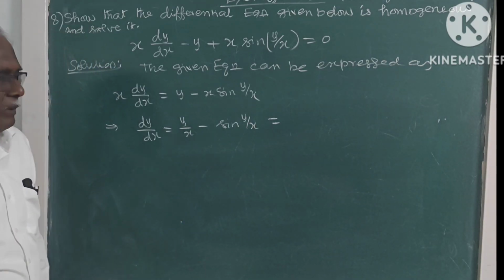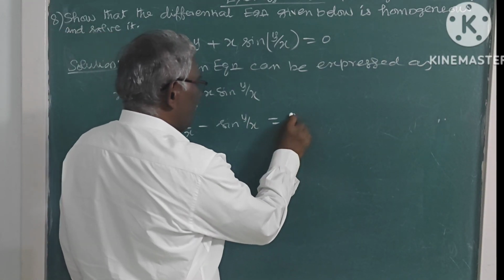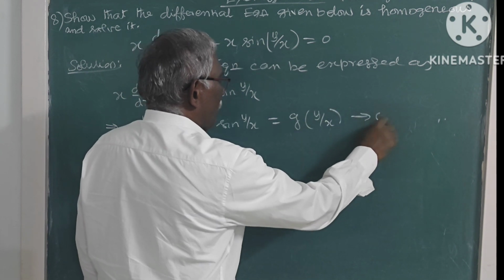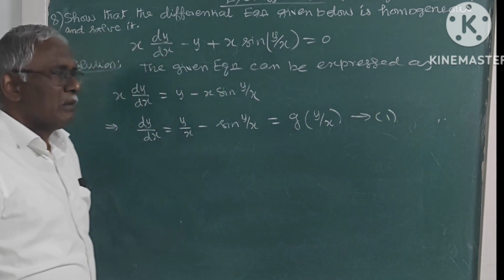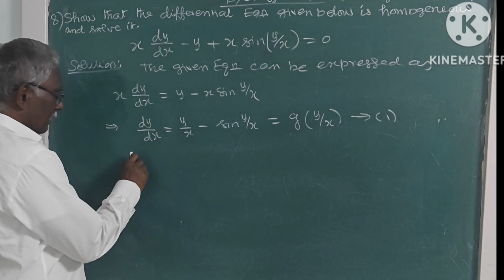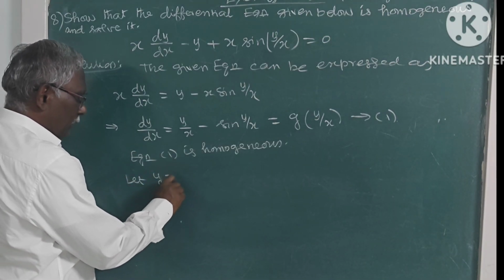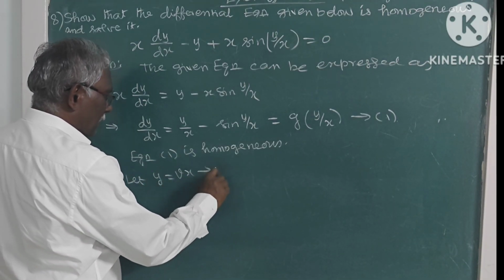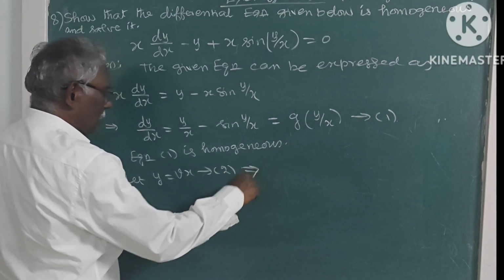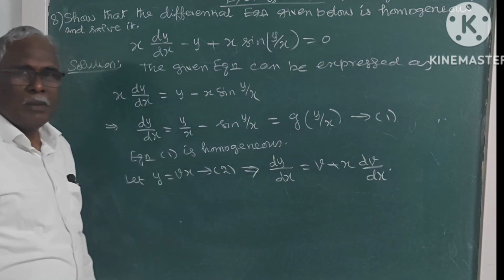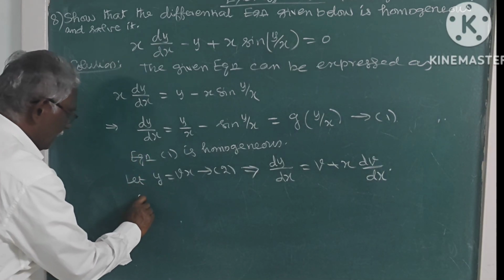Now this is in the form of g of y by x. Therefore equation 1 is a homogeneous equation. Let y is equal to vx. This gives dy by dx is. Substitute this in equation 1 we get.